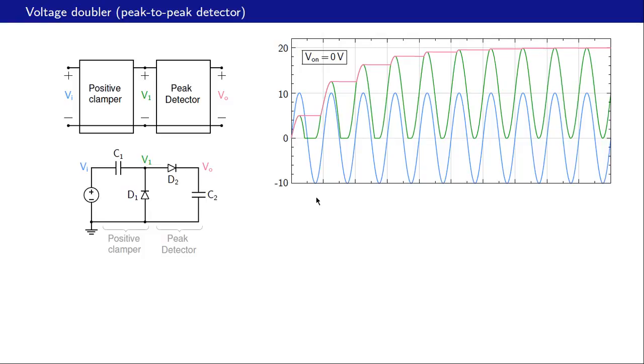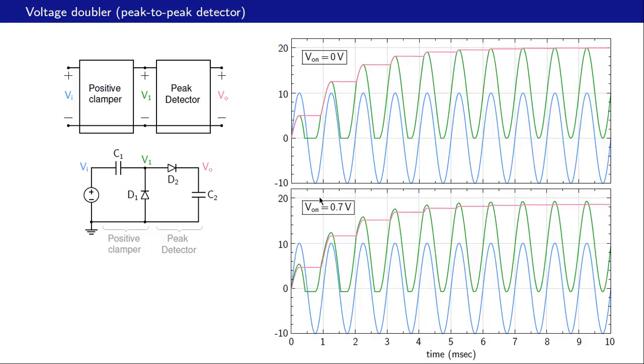Okay, now let us look at the case where V on is 0.7 volts. And as we have seen before, the positive clamper now clamps V1 at minus 0.7 volts rather than 0 volts in the earlier case. And therefore, V1 does not go to 2 Vm, but it goes to 2 Vm minus 0.7 volts.